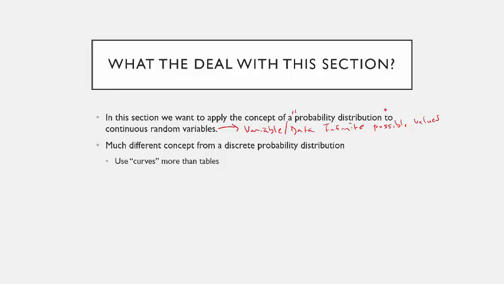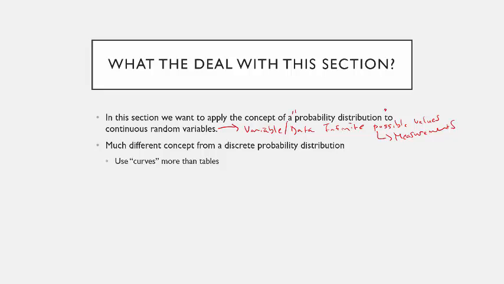We generally describe continuous random variables as measurements of some type. An example would be how tall adult males are, or the time you spend waiting for a bus. This concept of a probability distribution for continuous random variables is going to be much different than how we handled discrete probability distributions.